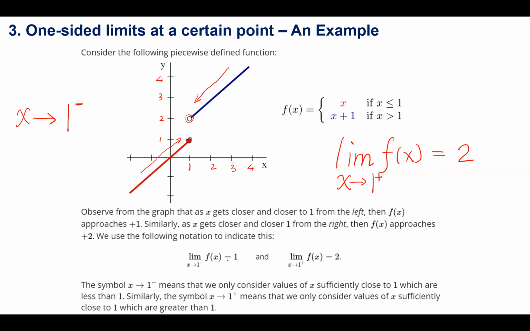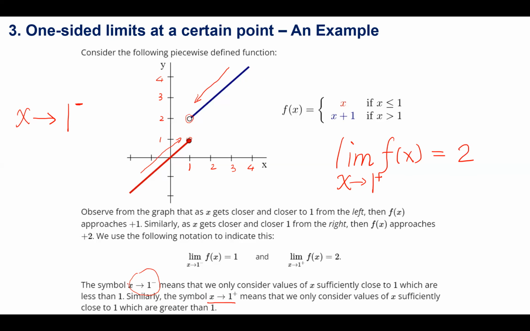So this is called a one-sided limit, either from the left side or from the right side. The symbol when x approaches 1 from the left side here means that we only consider the values of x sufficiently close to 1 which are less than 1. Similarly, the symbol x approaches 1 from the right side means that we only consider values of x sufficiently close to 1 which are greater than 1.